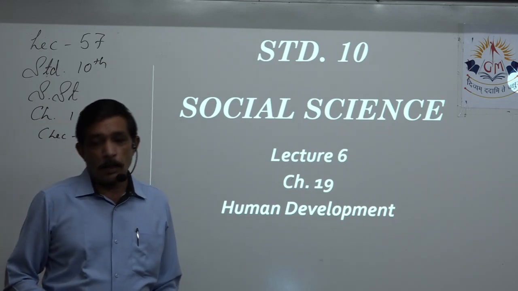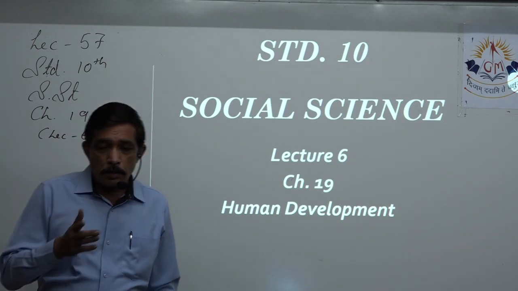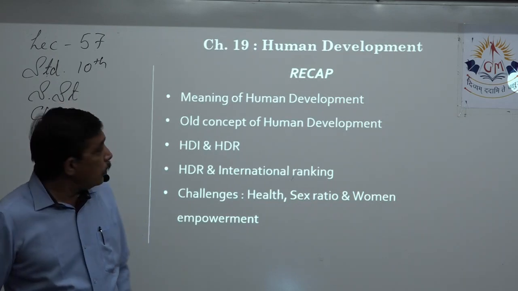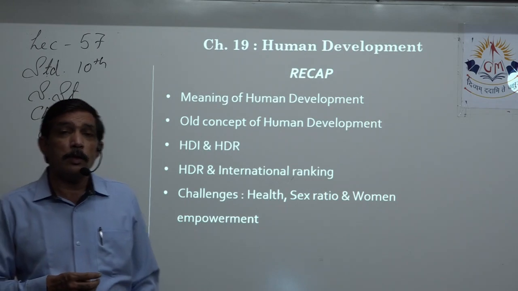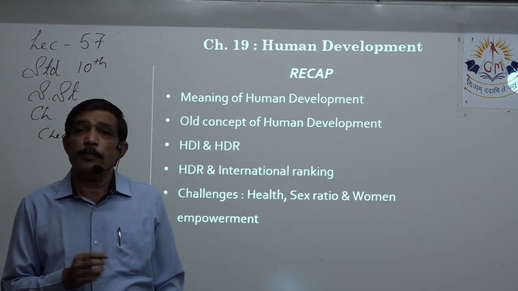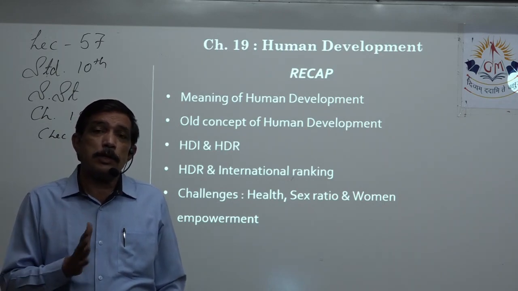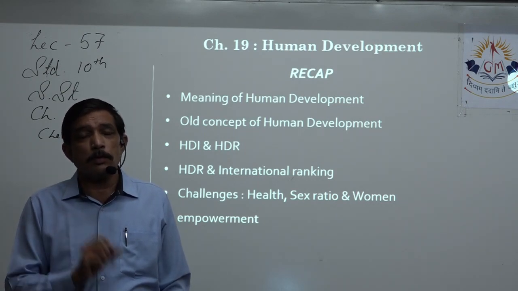Let us take a quick recap of what we have learned in the previous lectures regarding this chapter. We learned the meaning of human development. Human development means extending human aspirations, and also seeing that the essentials for subsistence are given to the people.